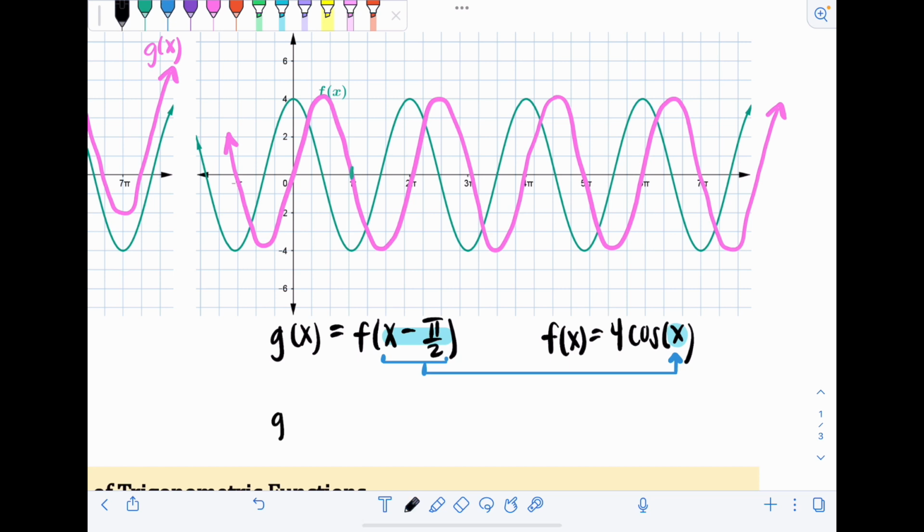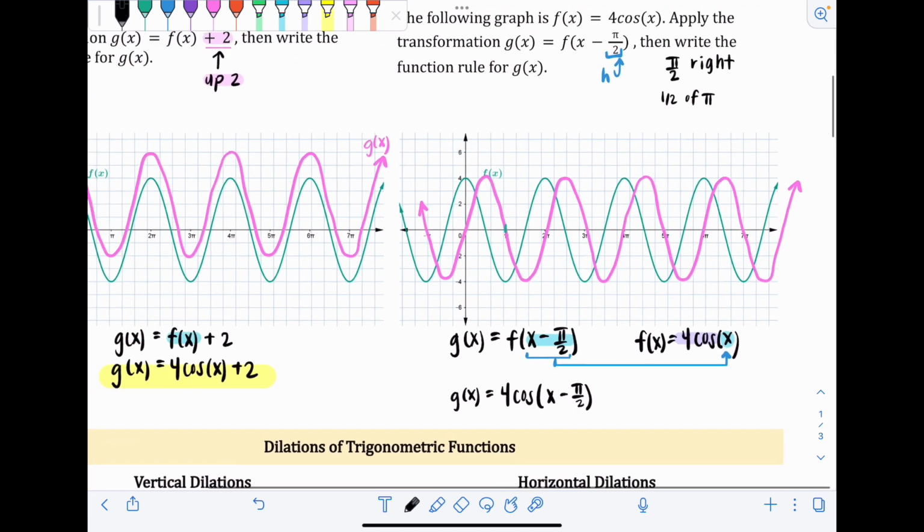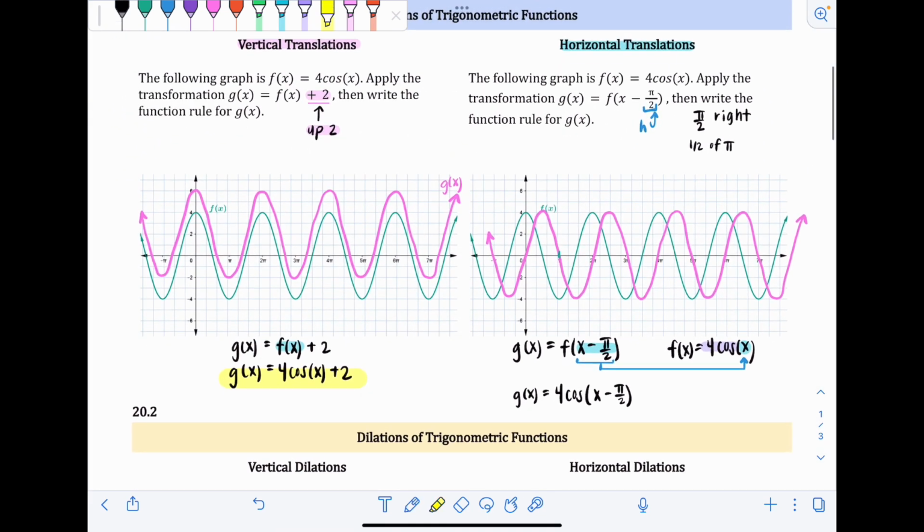So it'll be g of x equals, all of this will stay the same, so think of that as a template. So it'll be 4 cosine, but instead of just regular x, it'll be of x minus pi over 2. Because we took out the x and we put x minus pi over 2 in there. Okay, so it'll be g of x equals 4 cosine of x minus pi over 2.